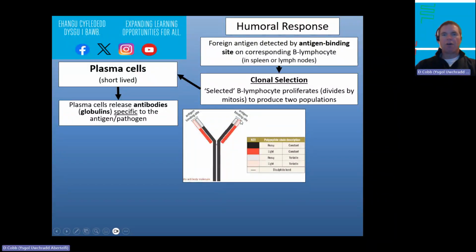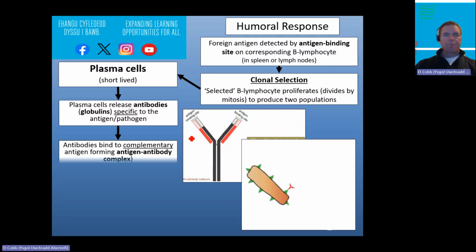And at the end of each, at this area here, that's the bit that's variable. That's the bit that will actually bind to the antigen. And you can see on this particular antibody, there are 2 antigen binding sites.